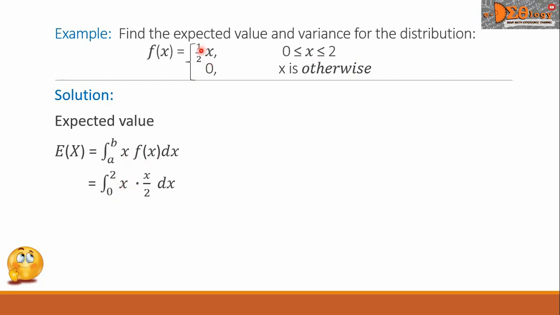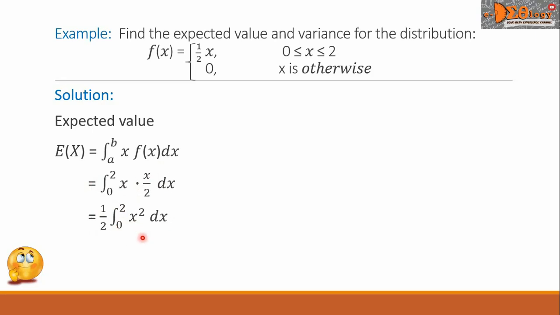Our f of x is 1/2 times x, and we can write it as x over 2. Then the dx. Simplifying this, we multiply x and x, so we will get x squared. And this denominator too, we will move it outside the integral symbol. So we have now this 1/2 times the integral from 0 to 2 of x squared dx.